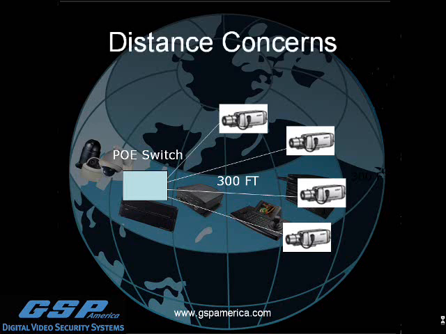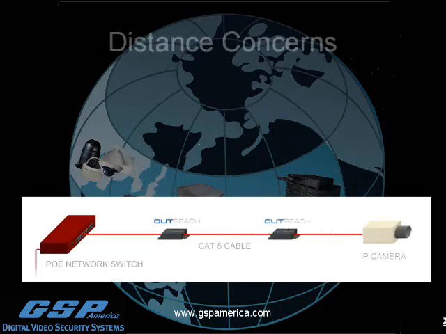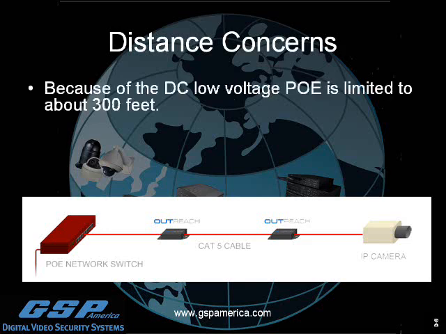Alright, distance concerns. These are a big concern for POE power to IP cameras. You have about 330 feet max that you can provide power over Ethernet to power IP cameras and other devices. There are some ways around that, though. There's a company called Veracity USA, and there are other companies out there as well.